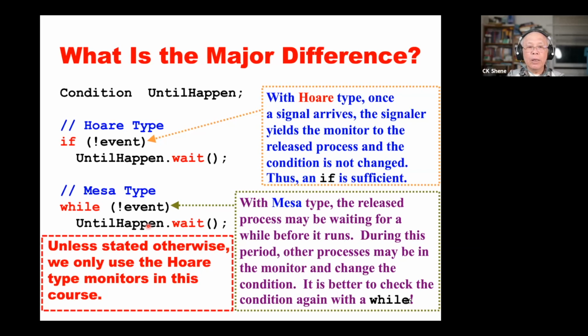So as long as we have a Mesa type, a signal happens, and I am released. Because this is a Mesa monitor, I will be pushed outside of the monitor. The one who signaled me continues to use the monitor, and then exits the monitor, so that the monitor becomes empty.